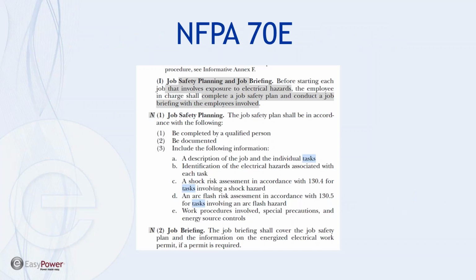As a quick reference, NFPA 70E specifically suggests or requires that job safety planning be formalized and documented and include management oversight, such that there's an understanding of what the maintenance requirements are and the hazards involved. The point being, if this is a feature that you require and it's built into EasyPower, there's some value added that you may be able to take advantage of.